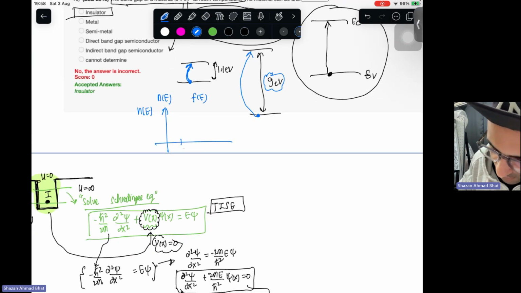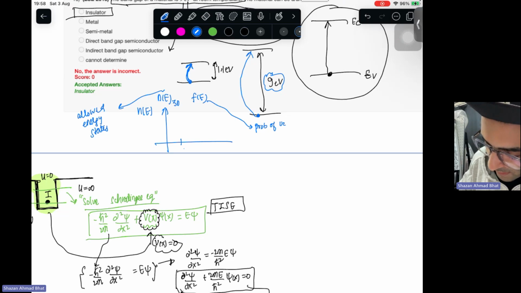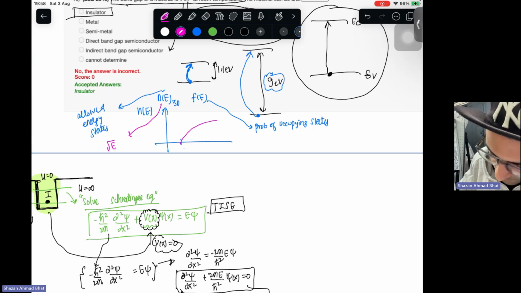If you consider the density of states in 3D, which are the allowed energy states for electrons, and f of E gives the probability of occupying those energy states. When you plot density of states in 3D, it varies as square root of E, and you can show it like this. This is the energy axis.